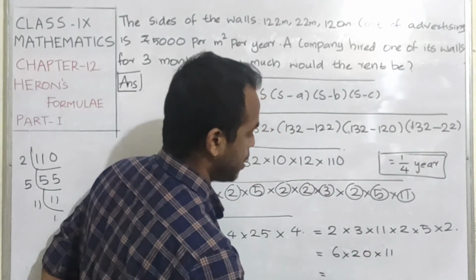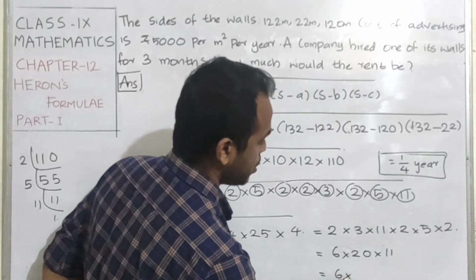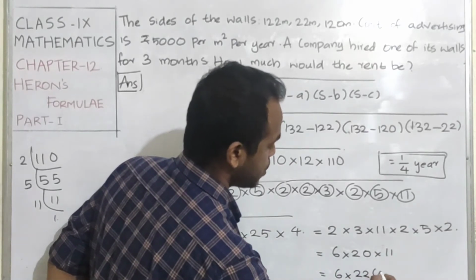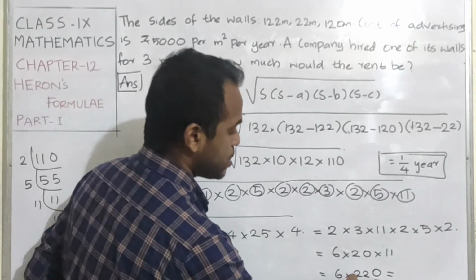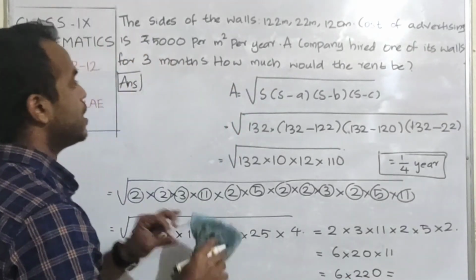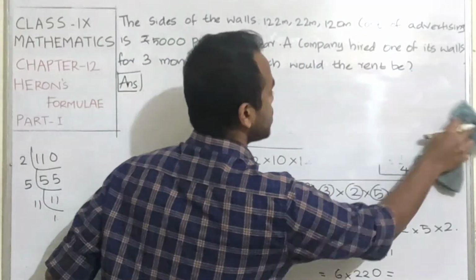Now 20 into 11, what is that? 20 into 11 is 220. Now 6 into 220, I will write it over here.